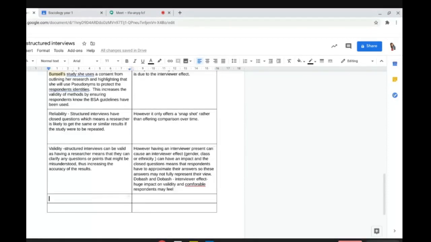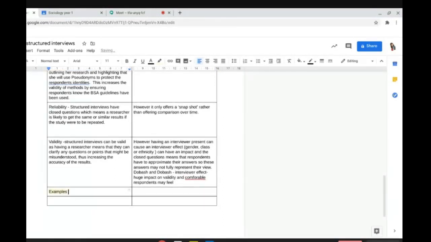Here, the other E, if you remember, is examples, which means I have to incorporate the item and 2 studies, which I have. So they can just be ticked off. That ensures if you want top band, which you all do, you must have used the item and use two studies to make a point about the studies.